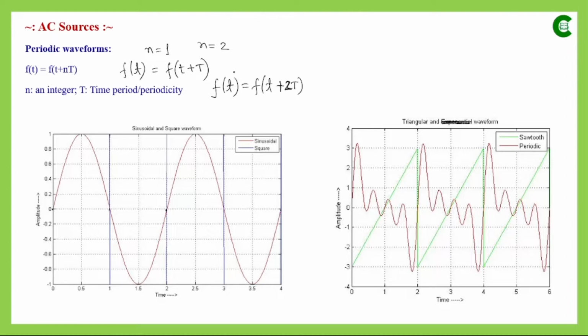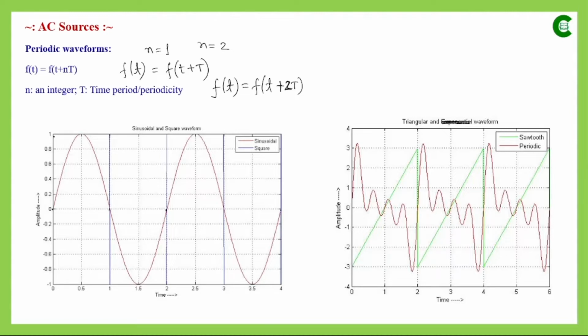If we continue and take n equal to 3, we can see that after 3T seconds also, the pattern of that waveform will be repeated. So one thing is clear: in the case of a periodic waveform, after a certain time, which is referred to as the time period or periodicity, the whole nature of that waveform is repeated.